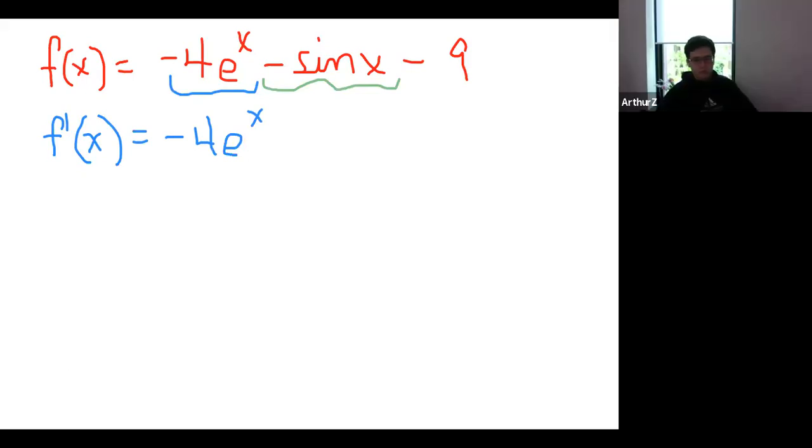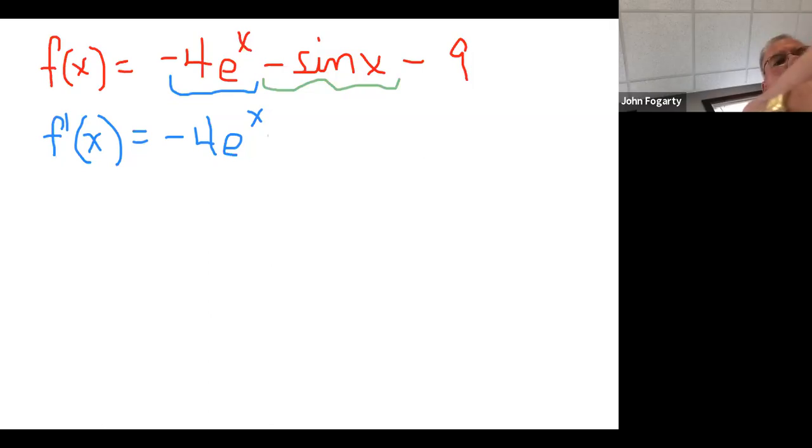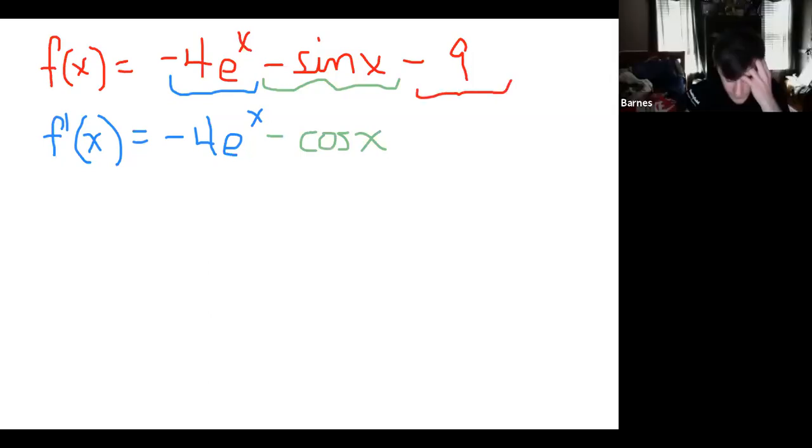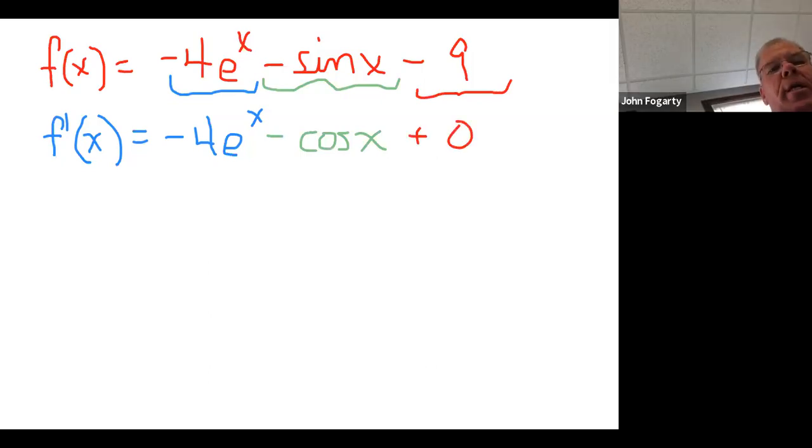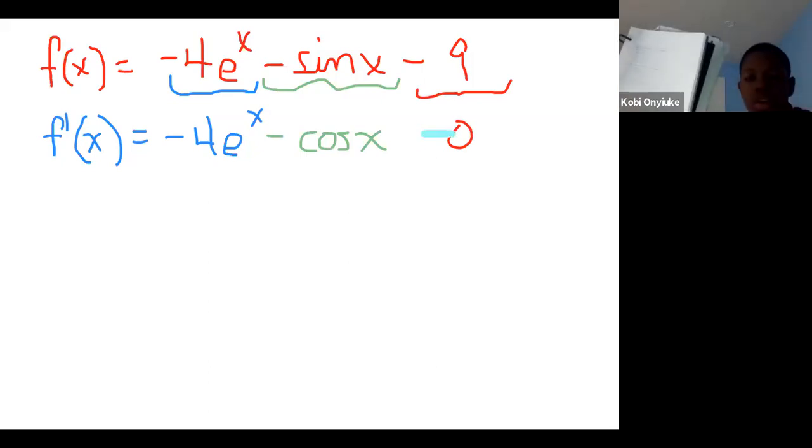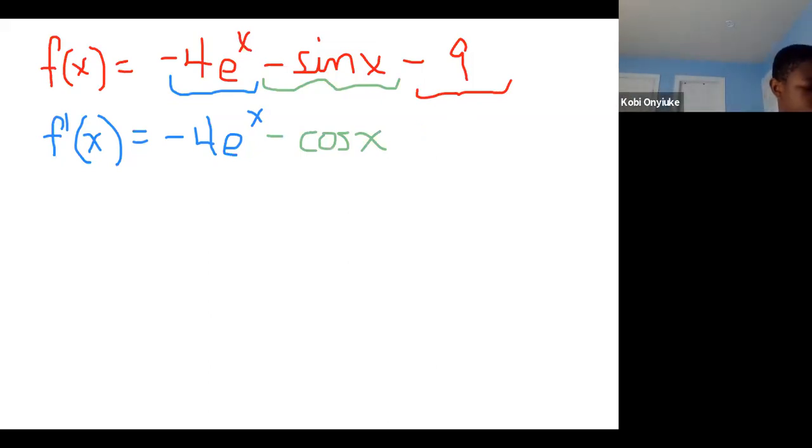Cosine x, so minus cosine of x. And then, of course, what's the derivative of any constant? 0, and we never write 0. Does that make sense? It's kind of easy with e, right?